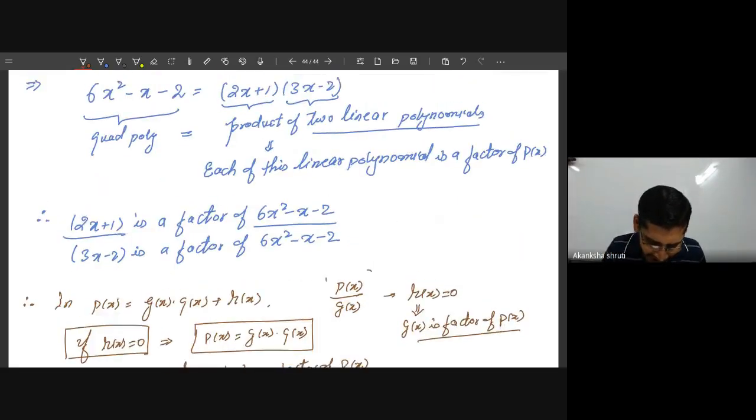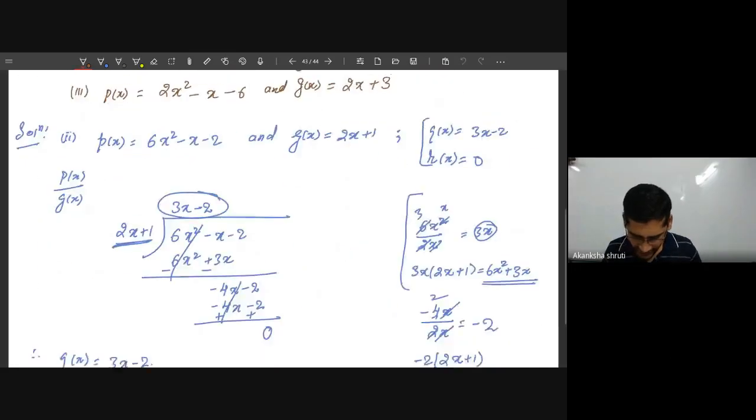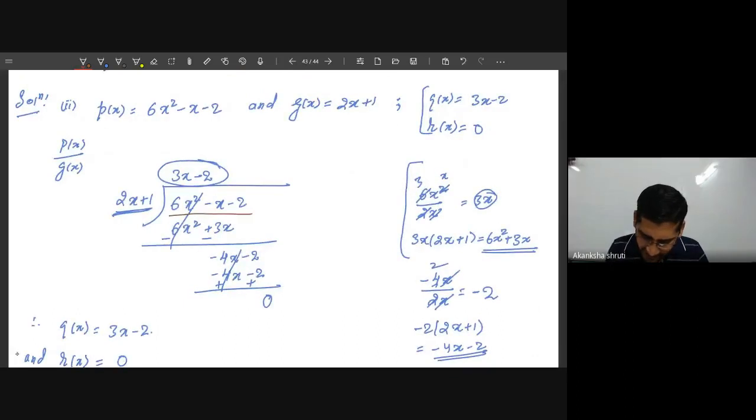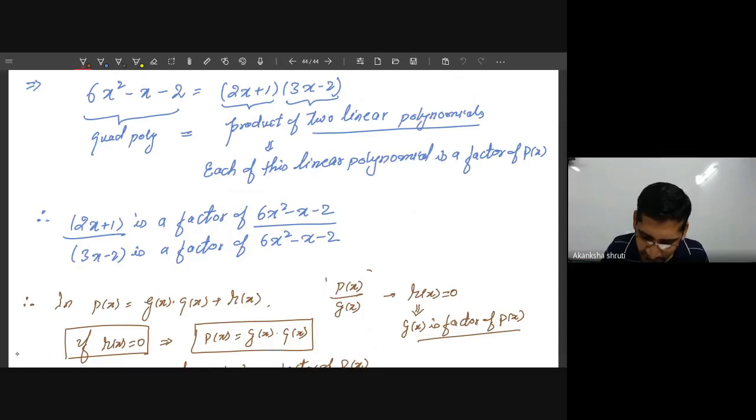By division we have written this: this was the dividend given, this was the divisor given, and we have obtained this quotient. When the remainder is 0, we can write this as the product of the quotient with the divisor. So this is the other factor that we have calculated.